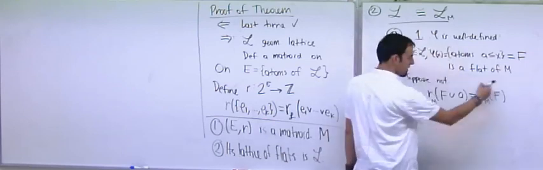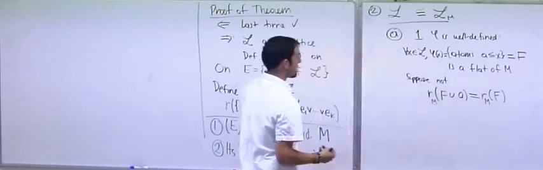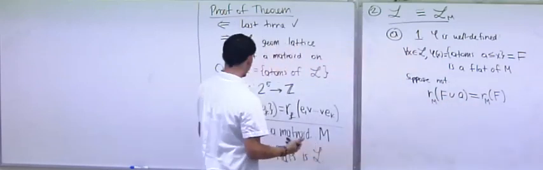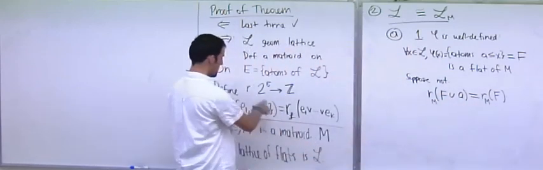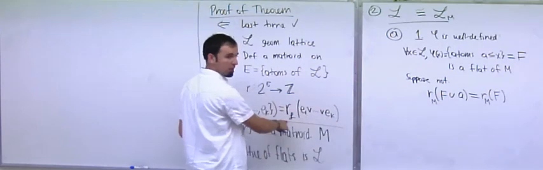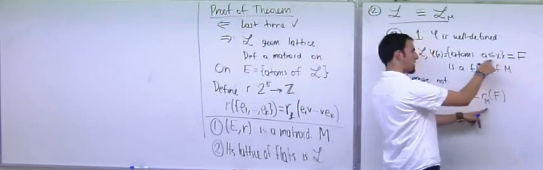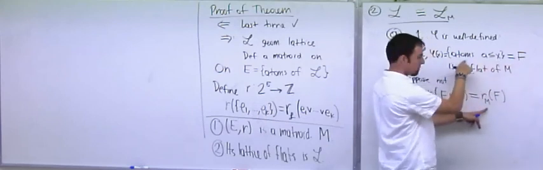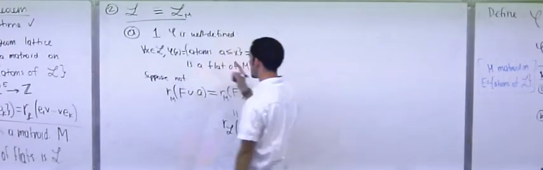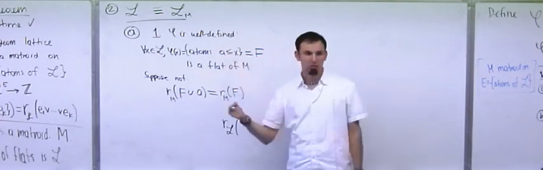Now, what is the rank in the matroid of F? Well, by definition, the rank in the matroid of a set is taking the join of the set and looking at the rank in L. So if I want the rank in the matroid of F, what I want to do is take the join of all these atoms below X. But what is the join of all the atoms that are below X?